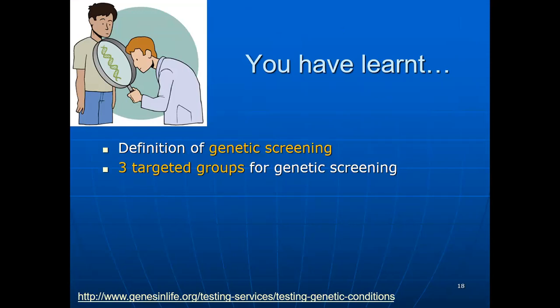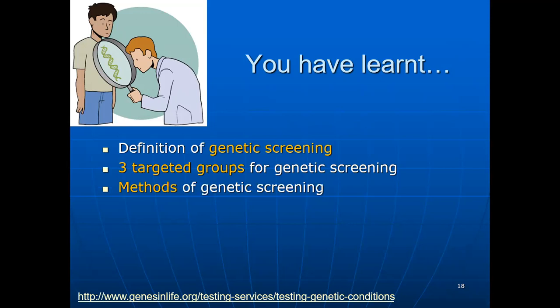Either in the family someone has the disease, so you have to check whether you're a carrier, or a couple planning their family, you have to check whether you're a carrier. So what is the chance of your children having it, and then you can decide. Okay, this is called family planning. Then number 2 is prenatal screening of the fetus and embryo, and number 3 is pre-implantation genetic diagnosis. Okay, 3 targeted groups.